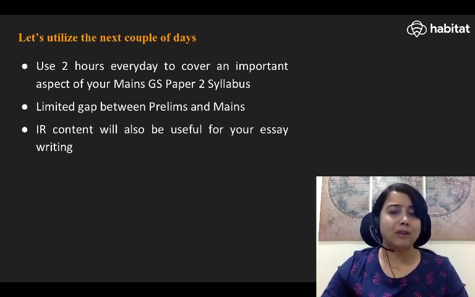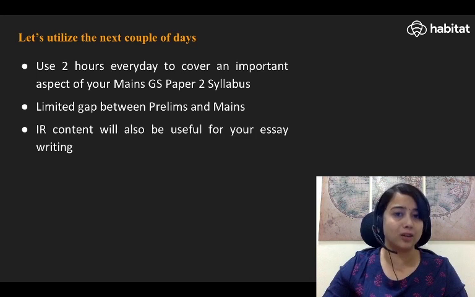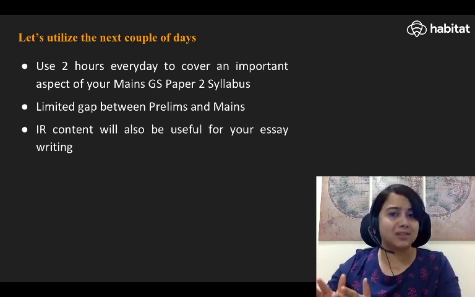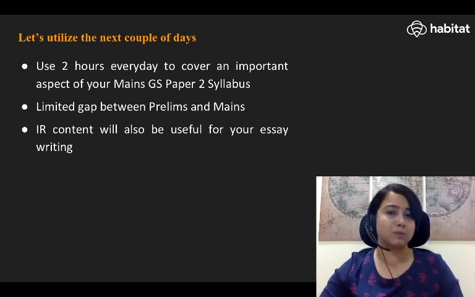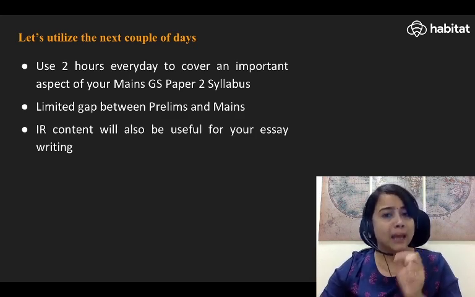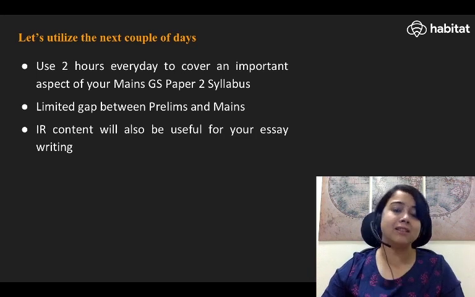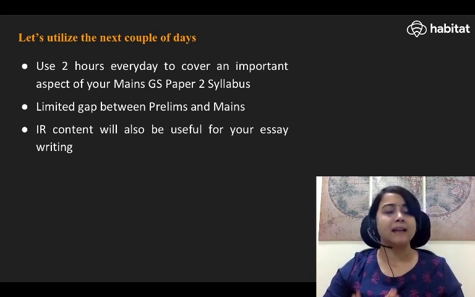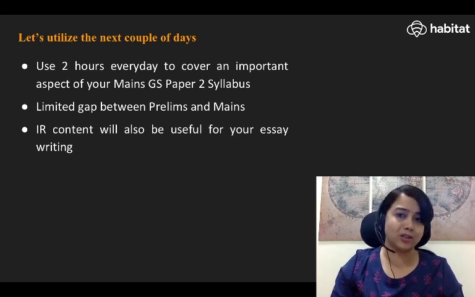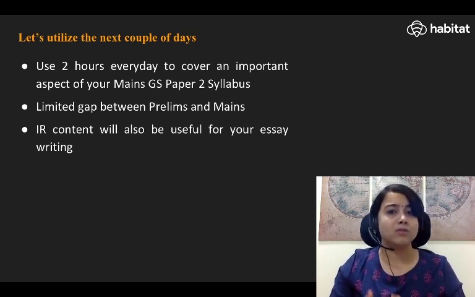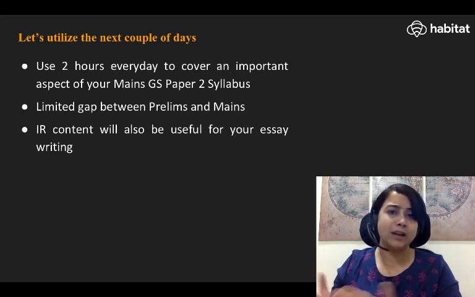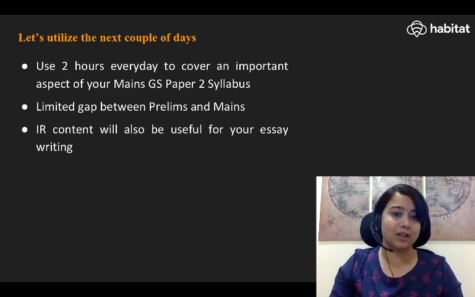And I would say roughly till the mid of August, you can try and devote maybe 2.5 hours of your day to the mains preparation and devote the remaining 6 to 8 hours to your prelims preparation. Now, keeping this in mind, I have designed this program in such a way that at the max you do not end up spending more than 2.5 hours here. 2.5 hours for a span of 10 days and 2 days of discussion of the PYQs.